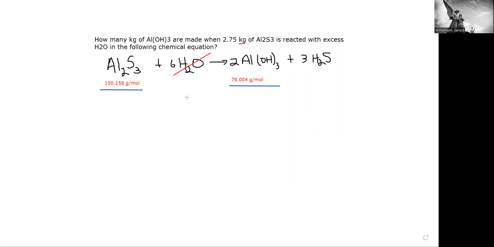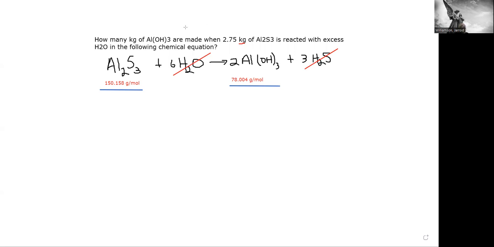So I cross it out to mentally remind myself not to get confused by it. Since I'm calculating for aluminum hydroxide, I can ignore the rest. The molar mass of Al2S3 is 150.158 grams per mole, and Al(OH)3 is 78.004 grams per mole, which I looked up. But this is in kilograms.